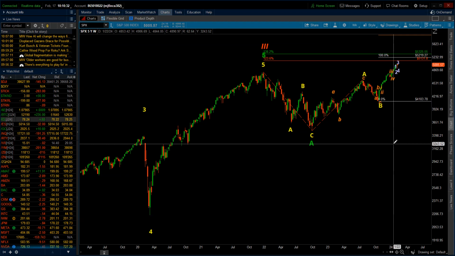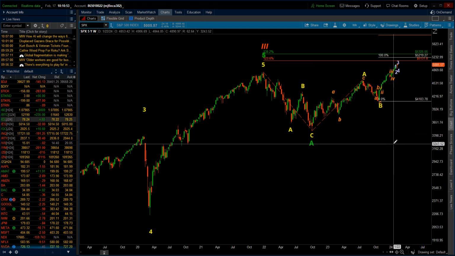But there have been instances, going in both directions, where that fourth wave will produce an irregular move within the B portion of that wave. So we're in an irregular B wave where it has taken out that existing high of 48.18, producing a new all-time high.